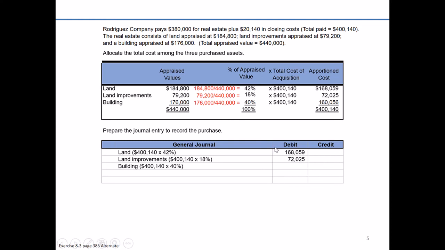And building is going to be a debit for $160,056. So again, we can't just debit property or real estate for 400,140. We need to properly allocate that amount amongst these different types of asset. We're still, however, going to credit cash for the total purchase price of 400,140.